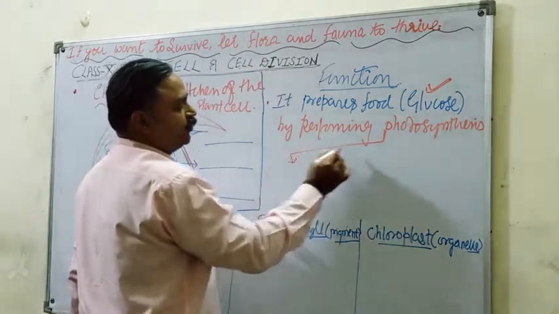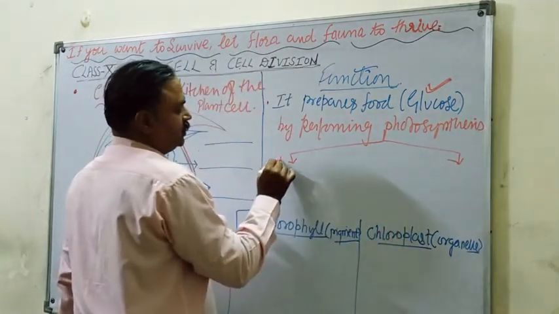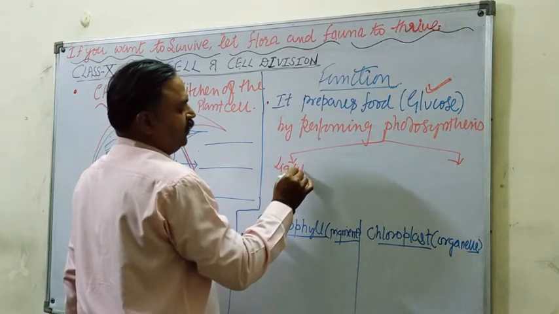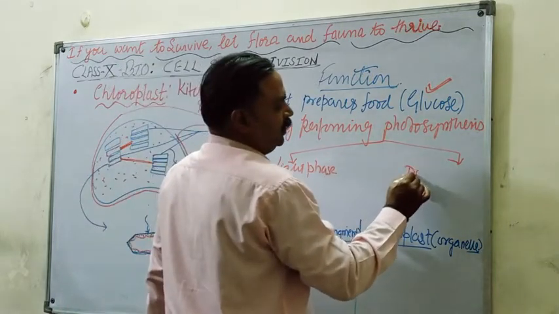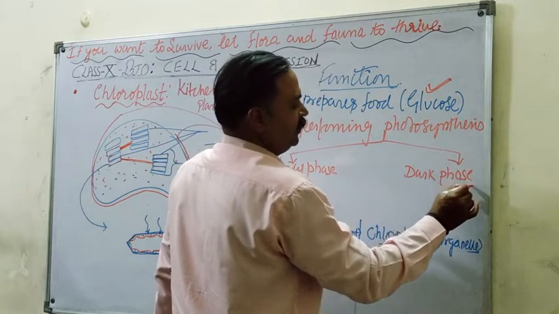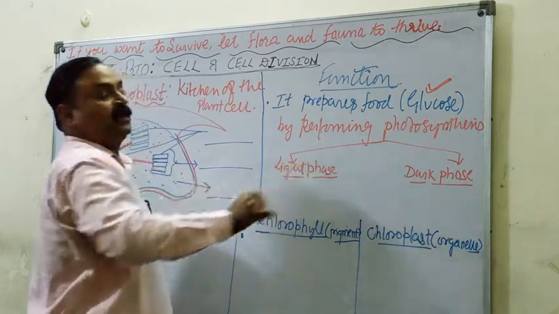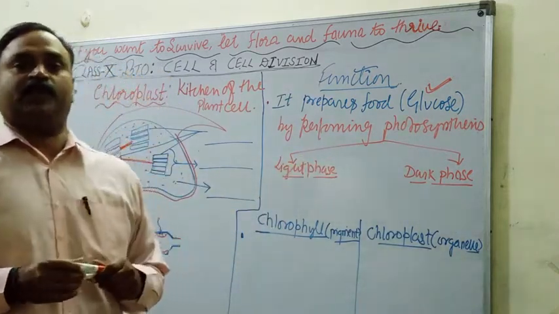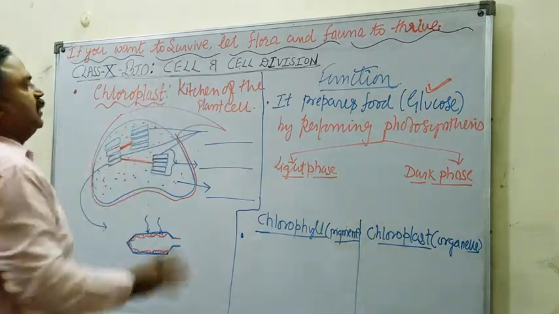And here you should know that photosynthesis completes in two steps, that is light phase and dark phase. We are going to study that in detail in the photosynthesis chapter, not in this chapter, because here we are studying only the cell and cell division.